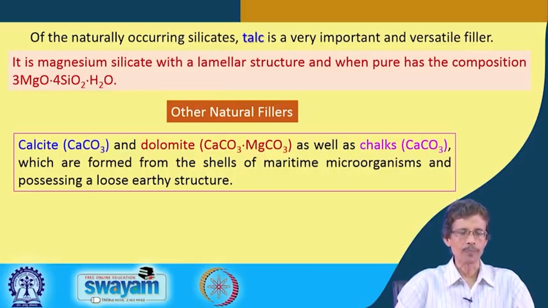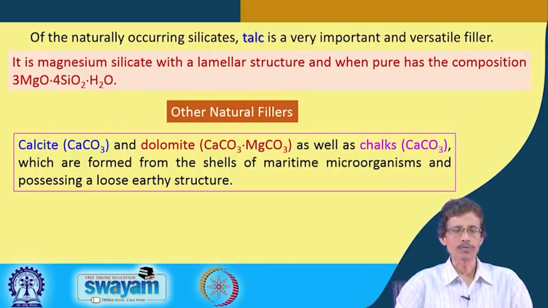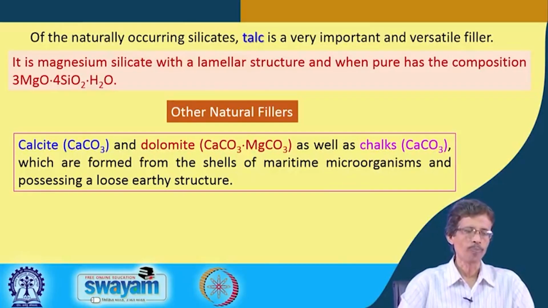These three, calcium based or calcium magnesium based materials, are also naturally occurring filler materials, formed from the cells of marine microorganisms, because marine microorganisms deposit chalk-like material for their biomaterials, and after the death of those microorganisms it is deposited as calcium carbonate in calcite form or in chalk form.